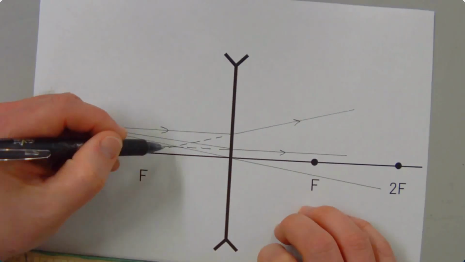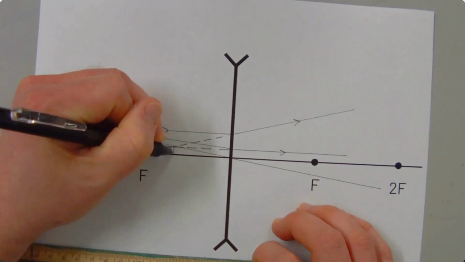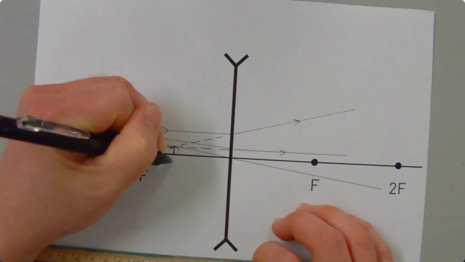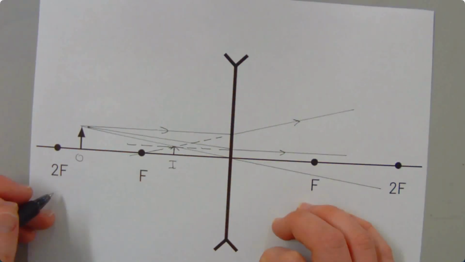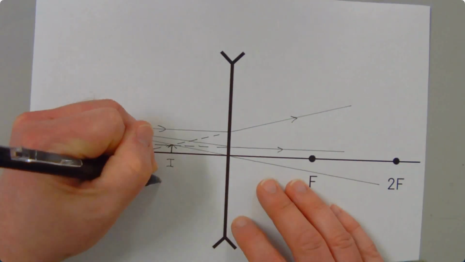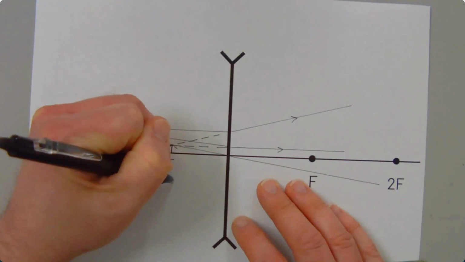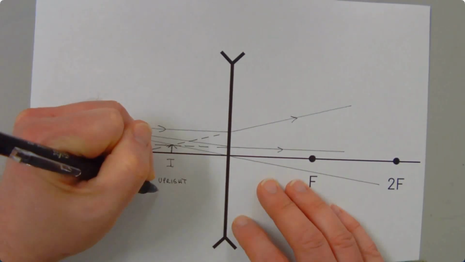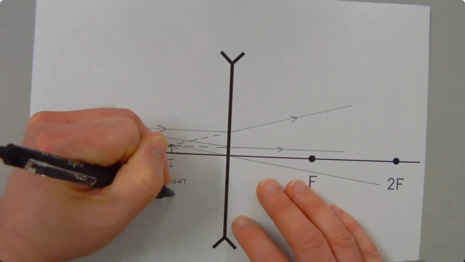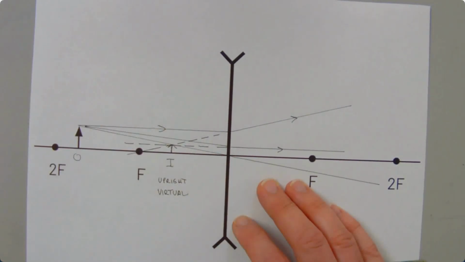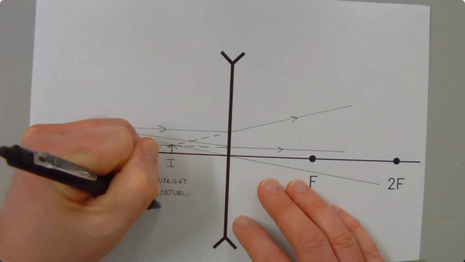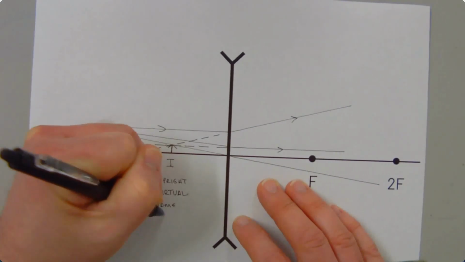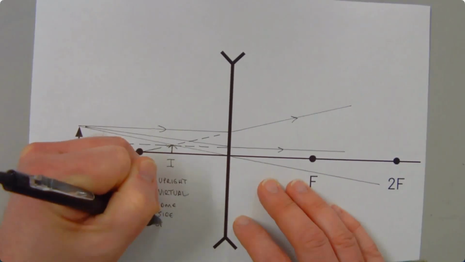So where these three rays meet, which is right here, that is where our image is. So you can see the image is upright. It's not inverted, but it is a virtual image because it's on the same side as the object.